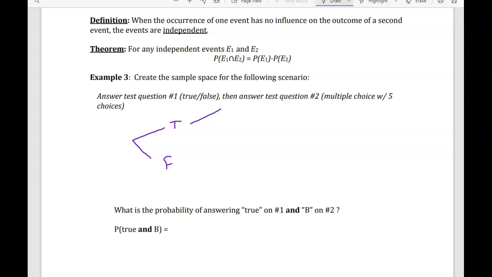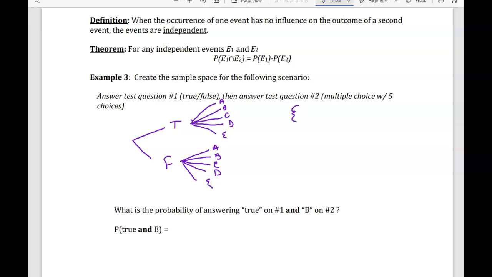Then on my second one, I have 5: 1, 2, 3, 4, and 5. I have an A, B, C, D, and E.